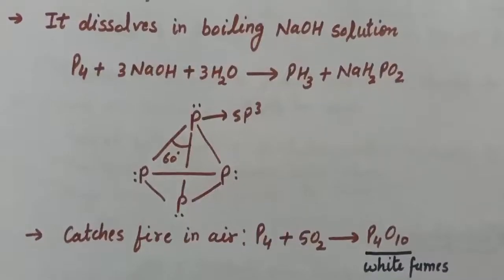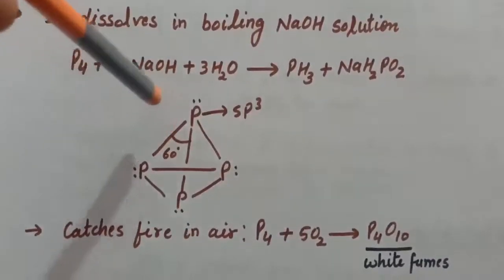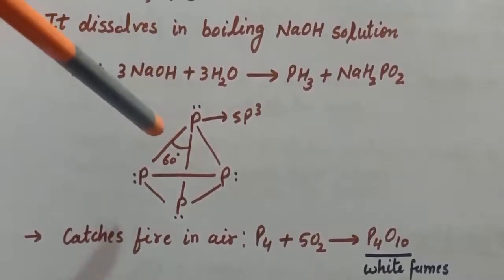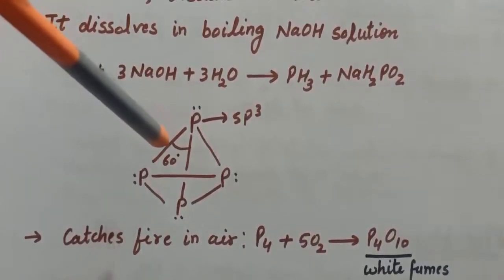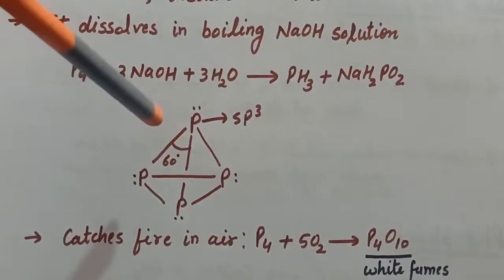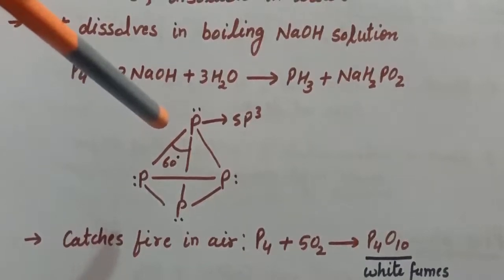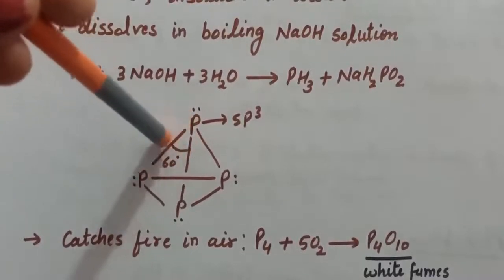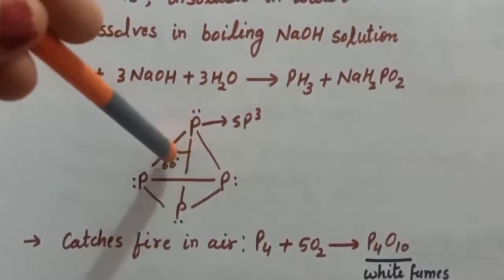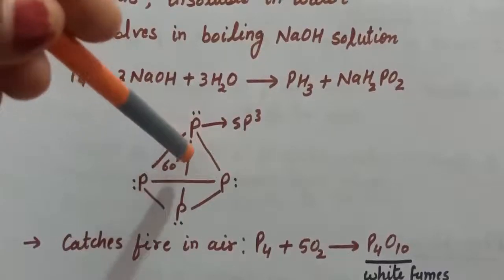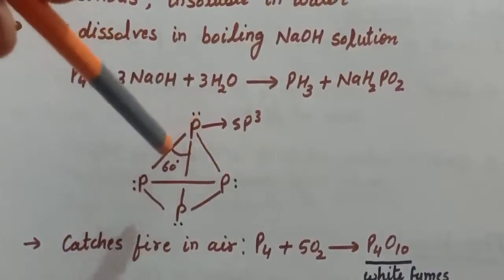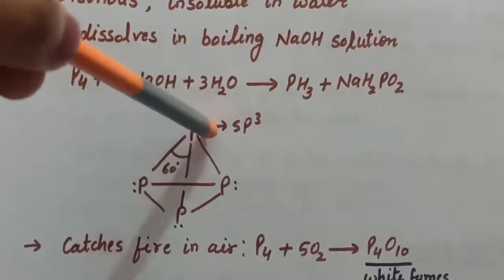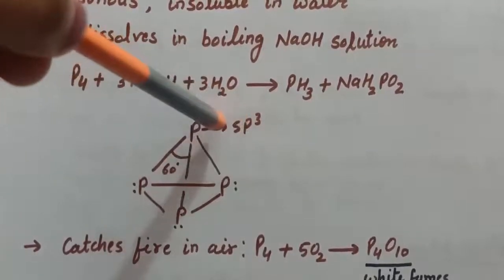Next is, white phosphorus is less stable and therefore more reactive than the other solid phases under normal conditions because of angular strain in the P4 molecule, where the angles are 60 degrees. And in P4 white phosphorus, the phosphorus is sp3 hybridized.